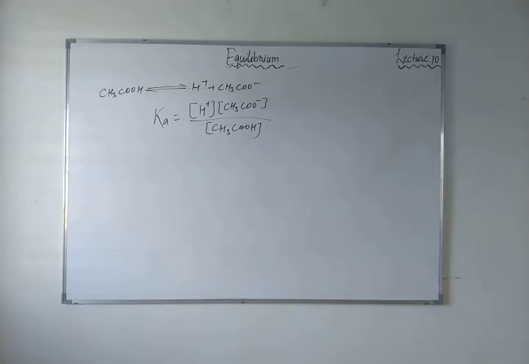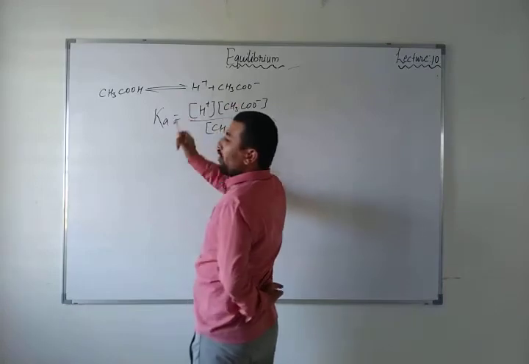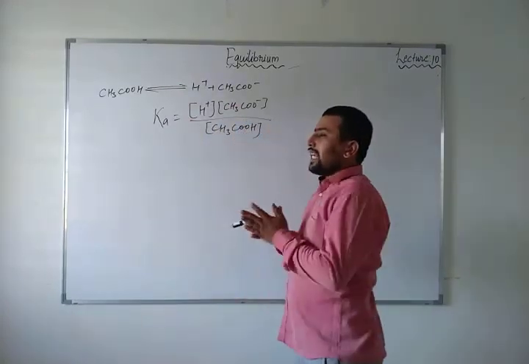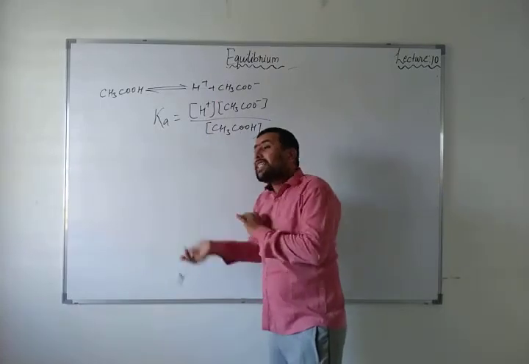So dear student, it is very important to notice about this common ion effect. See, common ion effect is a phenomenon. Phenomenon means, as you can see here, the first hydrogen ion has been liberated or dissociated. As it has been dissociated, the acidic strength will be decreased.